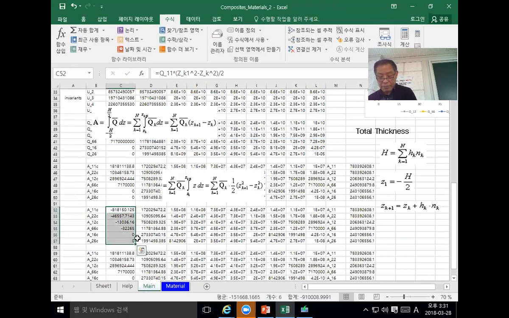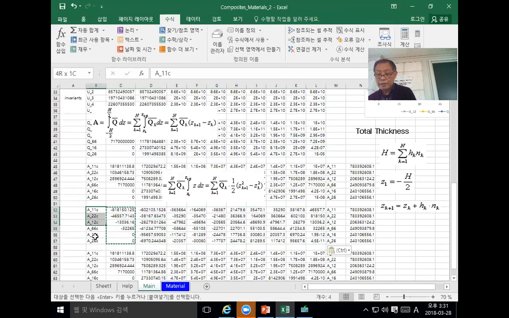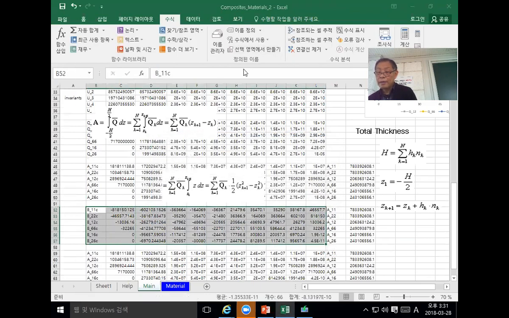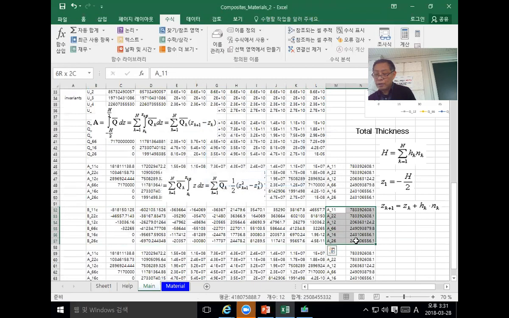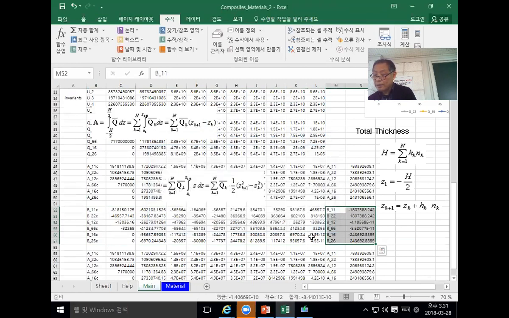Okay, so copy and paste. And this guy, now we change it from A to B, and change the name to B. And here we have to change this one too, A to B. And that is the definition of the B matrix.